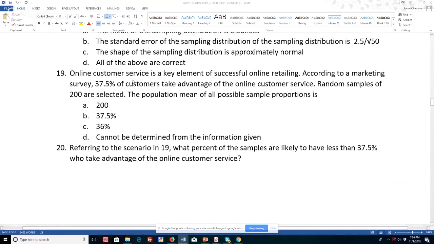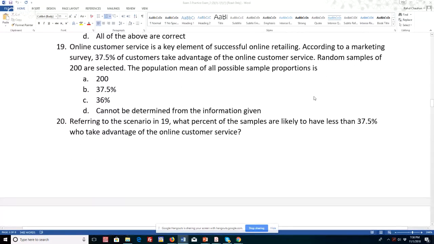Online customer service is a key element of successful online retailing. According to the marketing survey, 37.5% of customers take advantage of the online customer service. Random samples of 200 are selected. The population mean of all possible sample proportions is what? Okay, so there's our scenario. The answer to 19 is B.